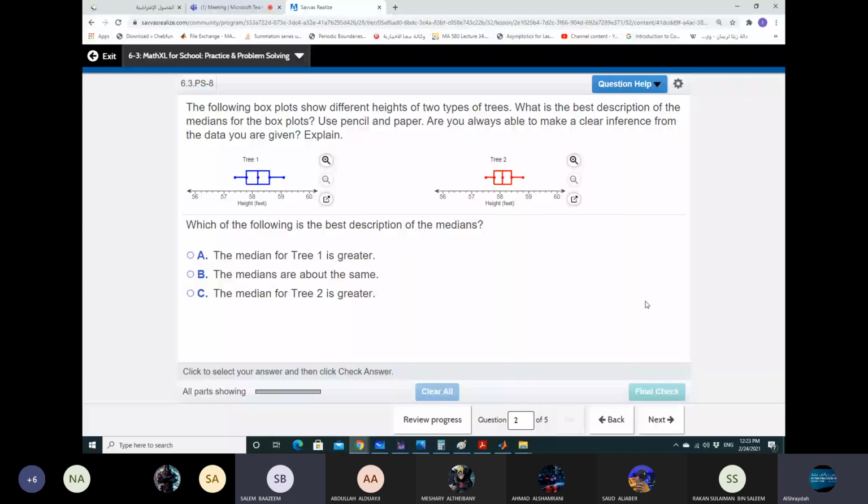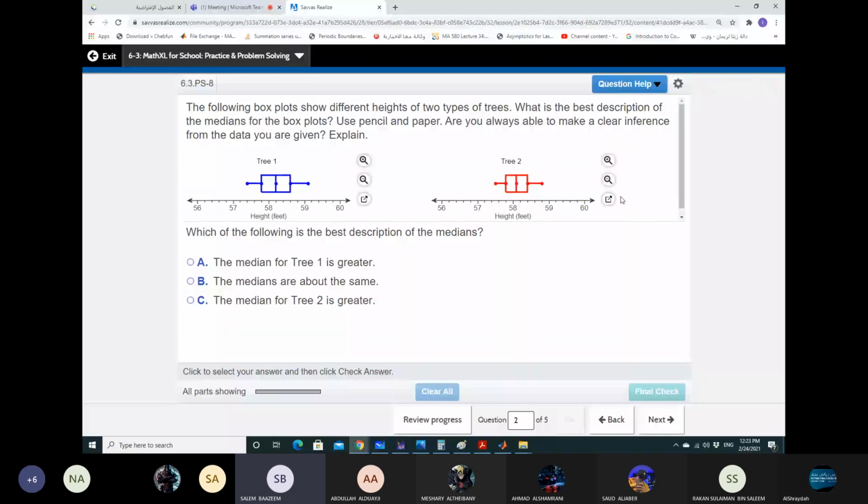So what do you think? The first, I'm pretty sure that's 58.2. Excellent. That's for tree 1, and for tree 2, that's 58.1. So the median for tree 1 is greater. Excellent.